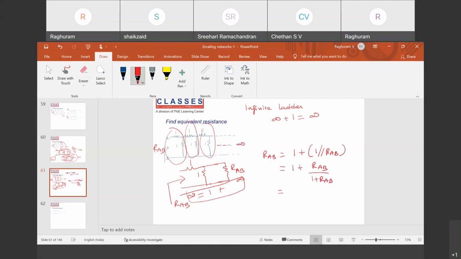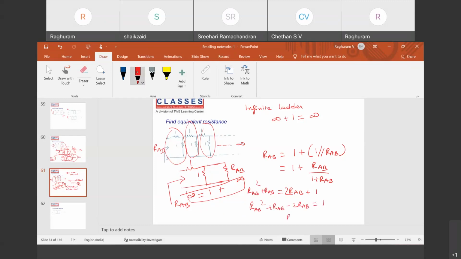Solve this equation, you'll get RAB square plus RAB minus 2 RAB is equal to 1.